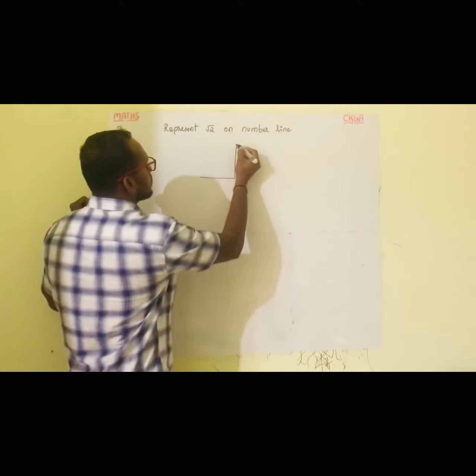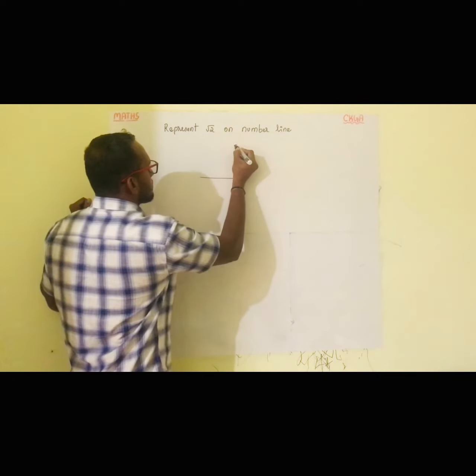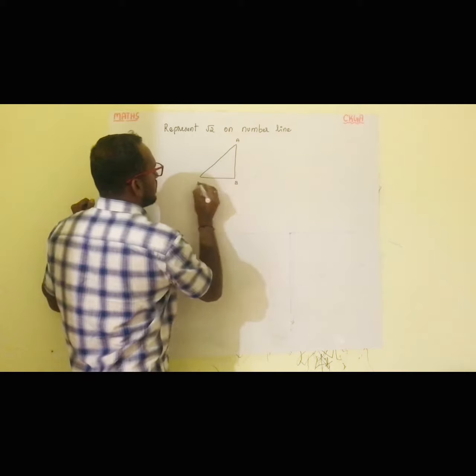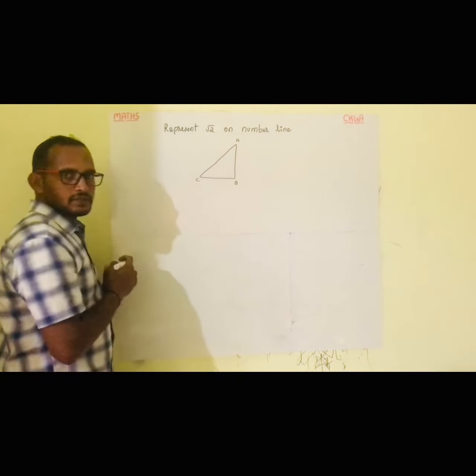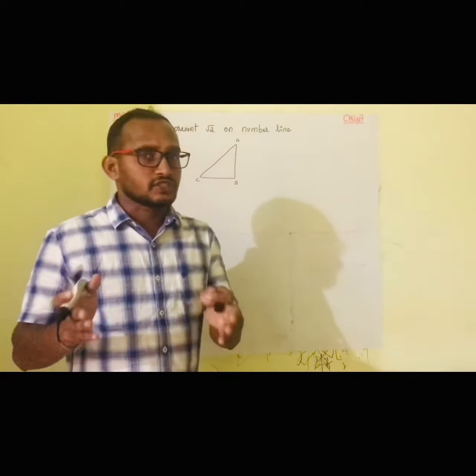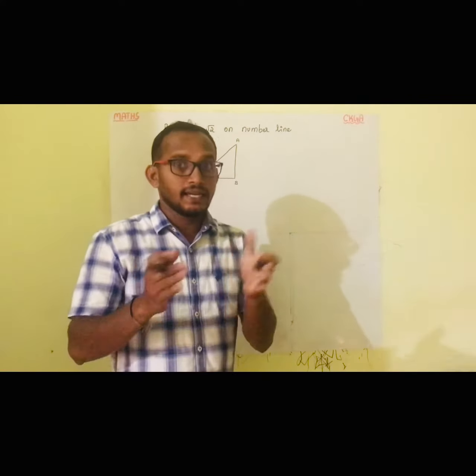I'll call this right angle triangle ABC. For this, I can go for a technique called the trial and error technique.